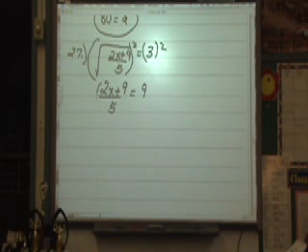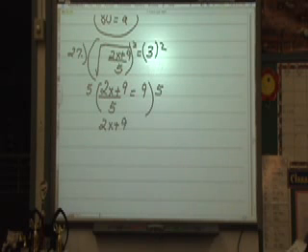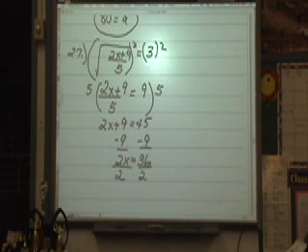Solve for x, multiply both sides by 5. So we have 2x plus 9 equals 45. Subtract 9. 2x equals 36. Divide by 2, and the answer is 18.